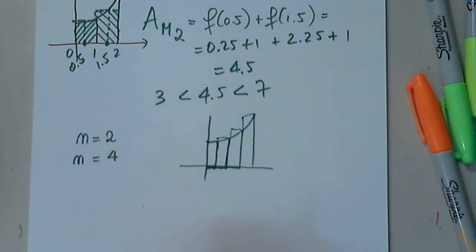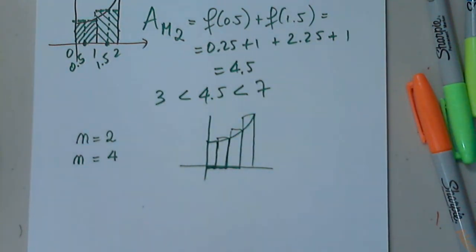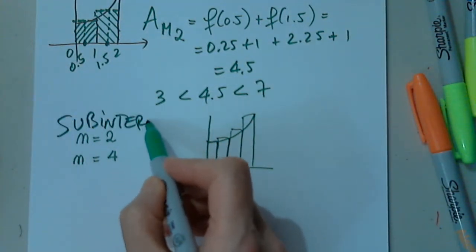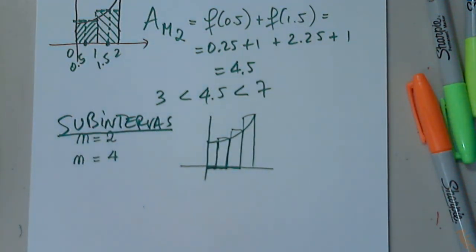Question, will I get a better estimate of the actual area or not if I use 4 subintervals? Will I get a better estimate or not?